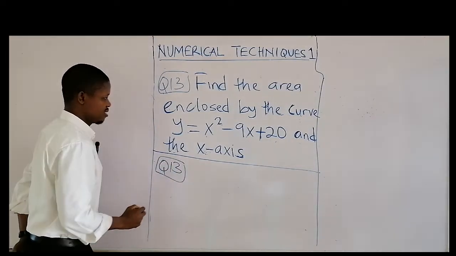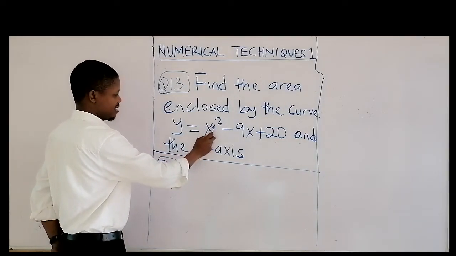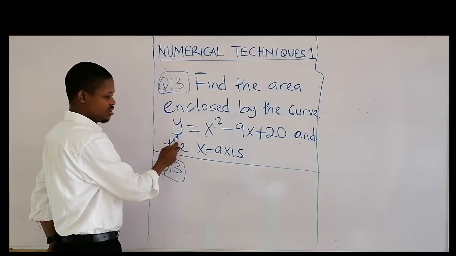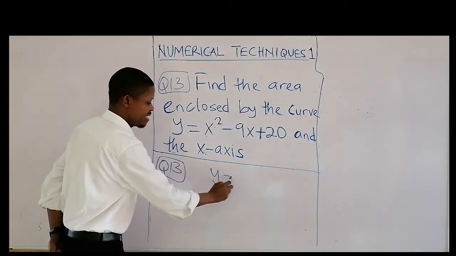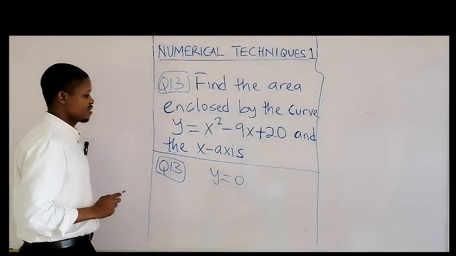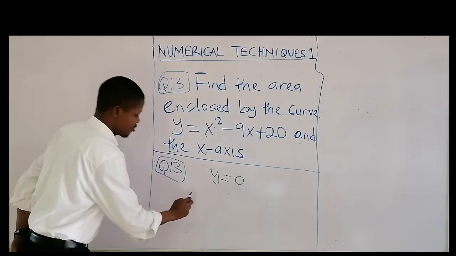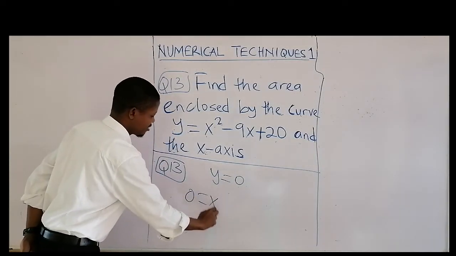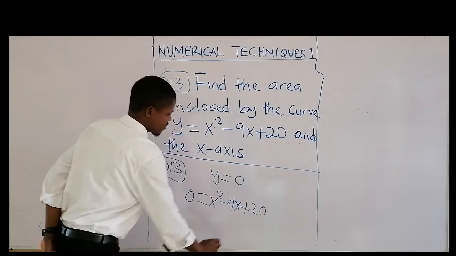What this means is that if the curve is enclosed by this equation and the x-axis, it implies that y is equal to 0. That is step 1. Then equate y equal to 0 in this expression: 0 equals x squared minus 9x plus 20.